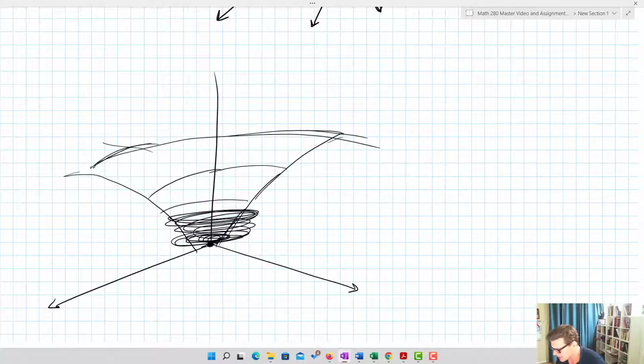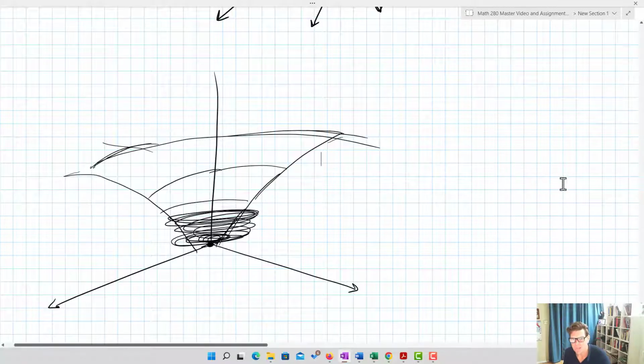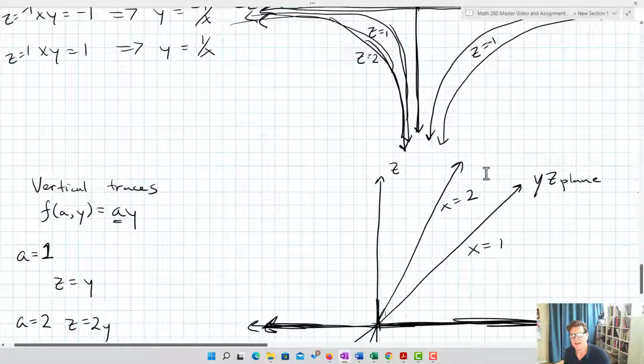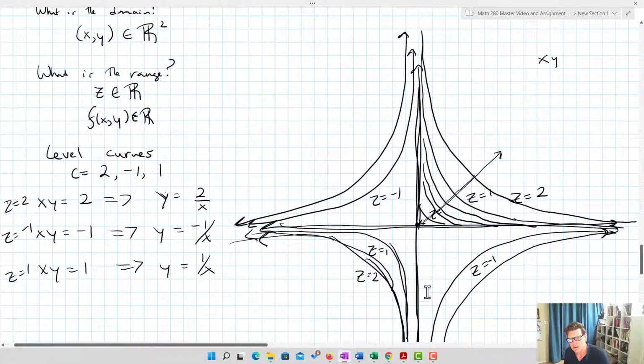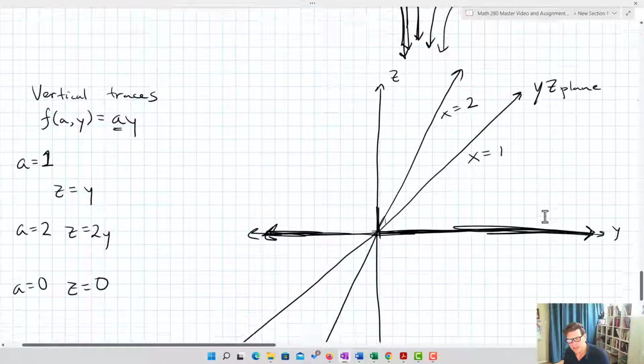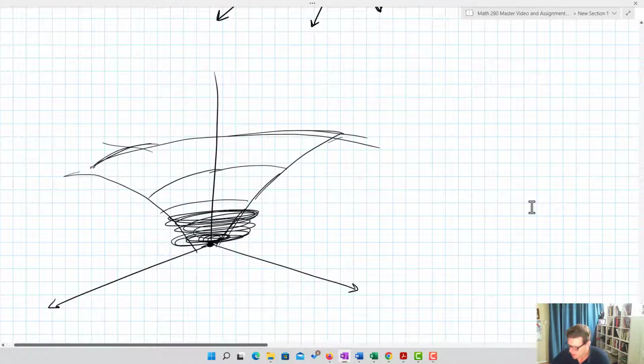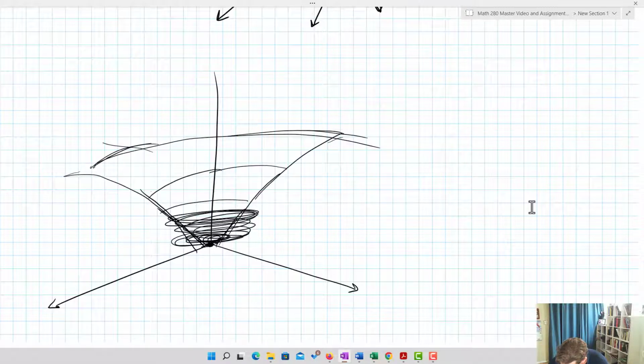You're getting these things where the curves have an asymptote as you approach 0, but they're getting closer and closer and closer to that line. Okay? So, kind of interesting, I guess, at least as I'm thinking about it, or as I'm visualizing it. Okay?